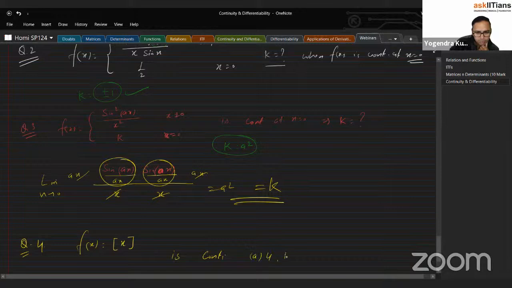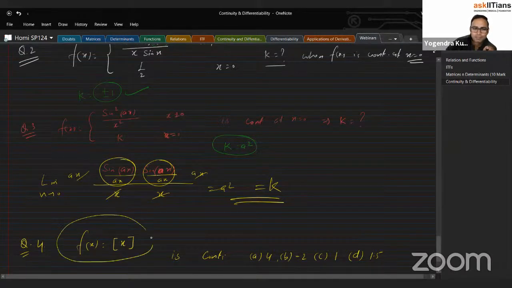A option is 4, B option is -2, C option is 1 and D option is 1.5. Simple, right? Just remember the definition. There are a few students who say, sir, greatest integer should not be there for the CBSE. Just a simple question like that.